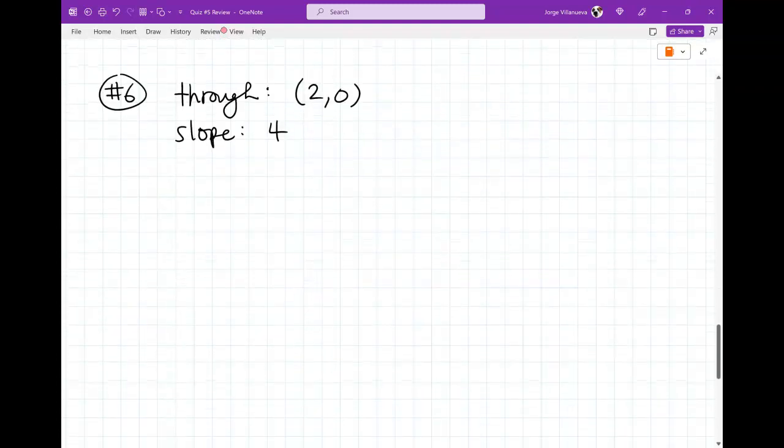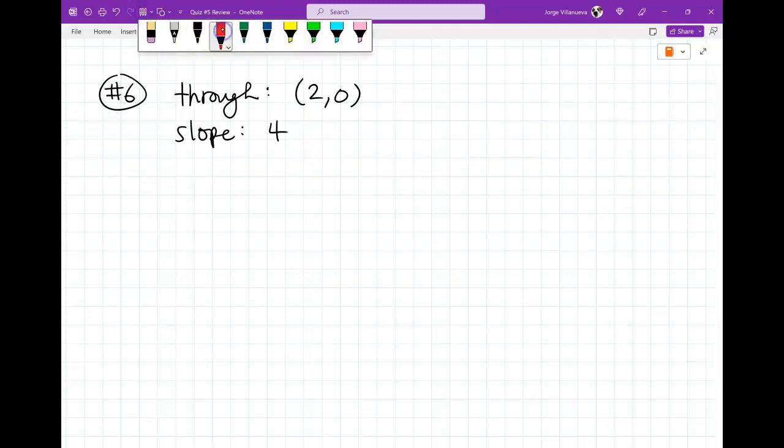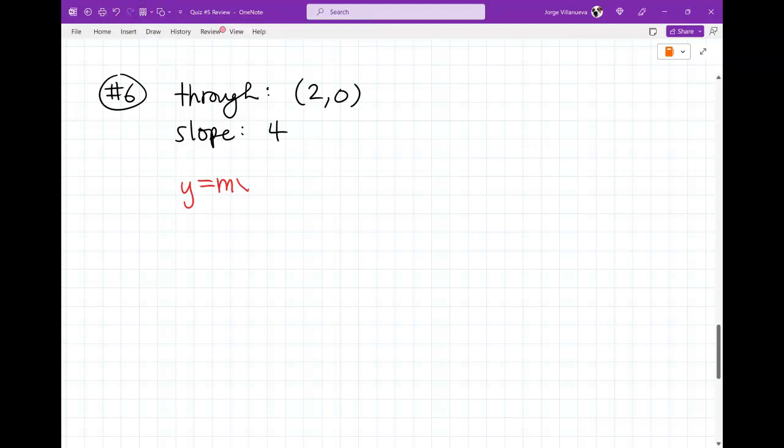So, all right. So this is going through (2, 0), slope of 4. So, remember, this is my goal. Y equals mx plus b. I do know what my slope is. M is 4. So y equals 4x plus b. I also know that they gave me a point which resembles x and y.